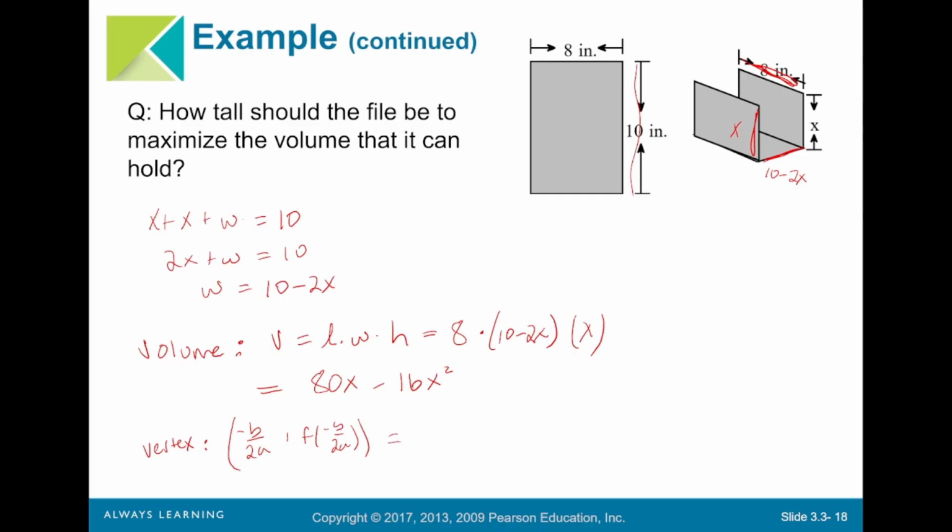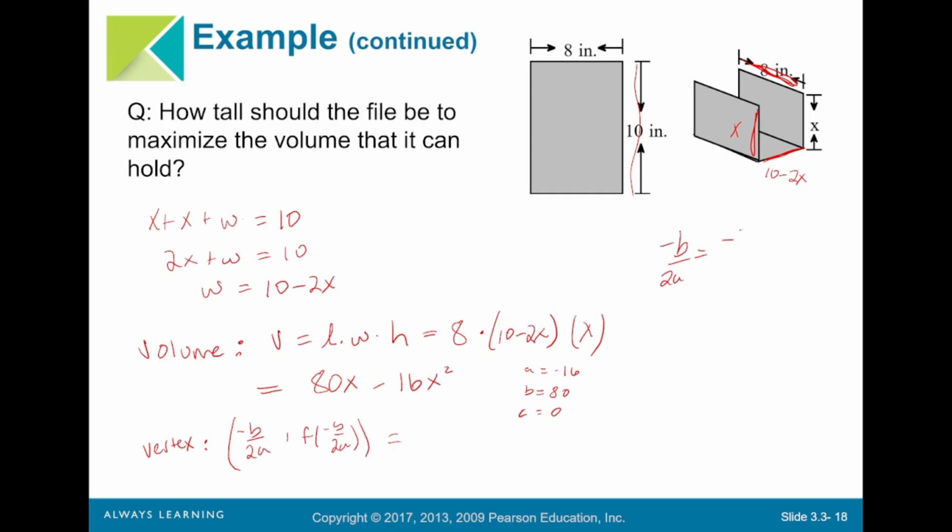Well, let's write out our a, b, and c's. I always recommend doing that. A here is negative 16, b here is 80, and c is missing, 0. So then negative b over 2a is negative 80 over 2 times negative 16. Let's write this actually up to the right a little bit. Negative b over 2a.